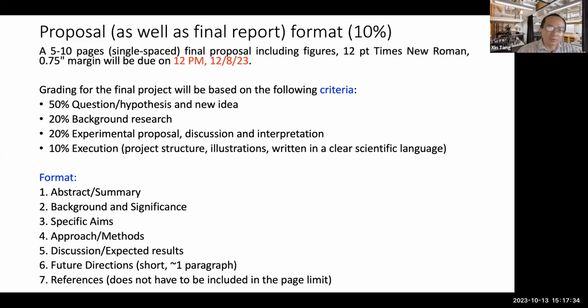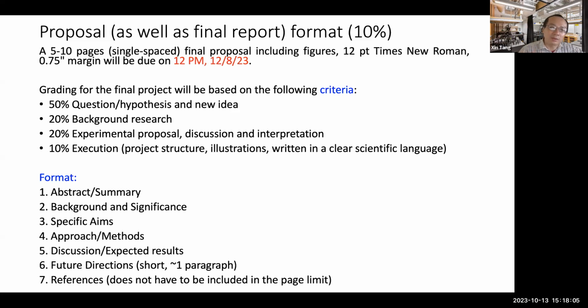In a proposal this is called a specific aim: what do you want to achieve so that it will help us understand the topic better. And thirdly, how you will do it. What are the experiments you designed towards that goal, and how do you implement them to achieve those goals?